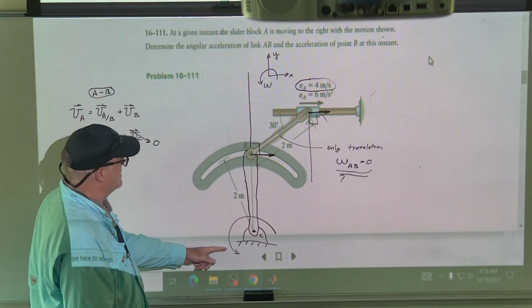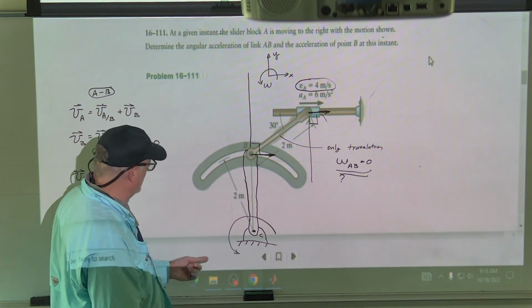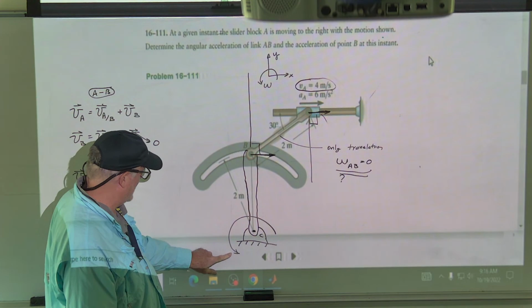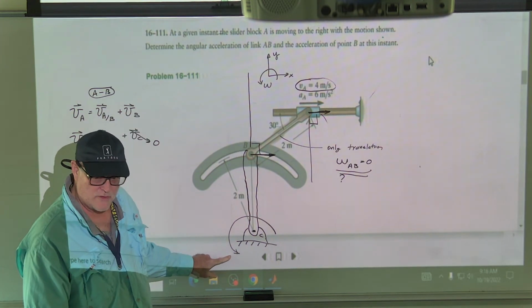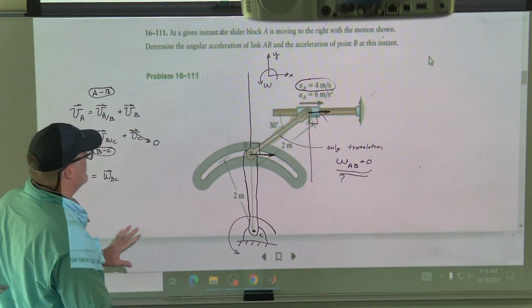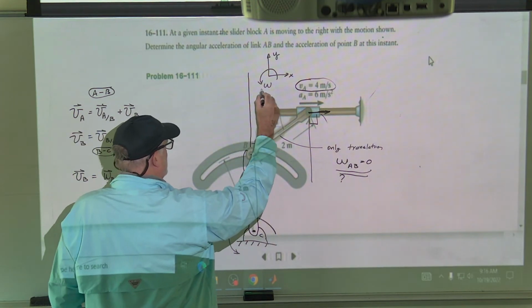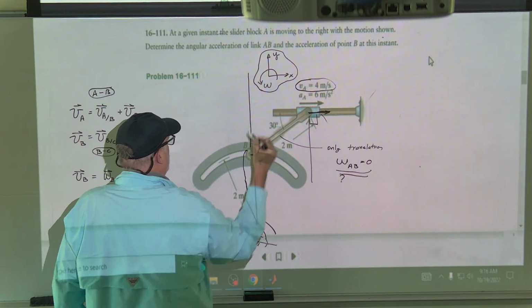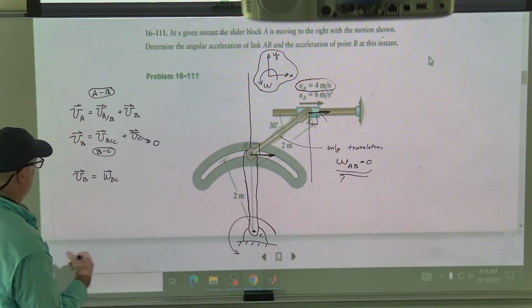Obviously, it's not, because this can't go this way if that's going that way. But I'm going to assume it that way, and it should tell me, no, you're negative. But this is the way I do things. I always assume things positive to fit the mathematical coordinates, and then I let it tell me.